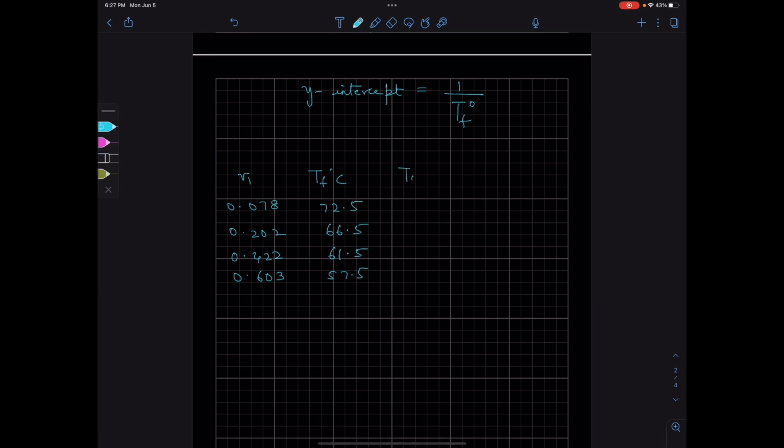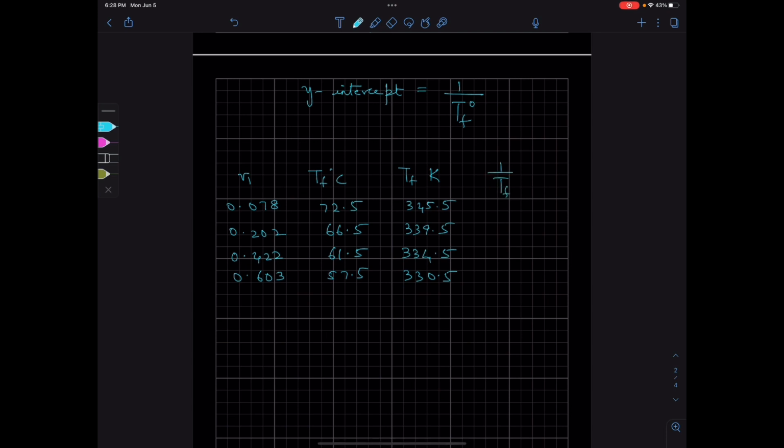So we have to first convert this to Kelvin, and that gives us 345.5. For 66.5 plus 273 is 339.5. 61.5 plus 273 is 334.5, and this is 330.5.